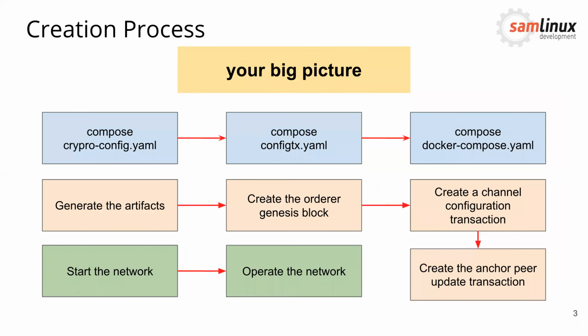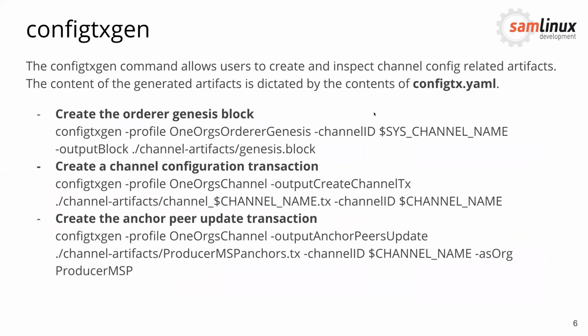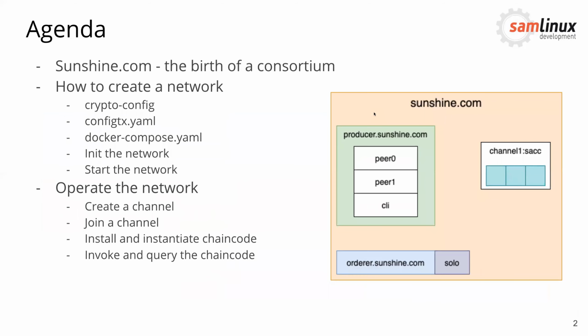So, what is the creation process for? First, you need your big picture. You have to map a picture of your system: which organization, which peers you need, and so on. So you should make a picture from this, like I have done here in the first slide.